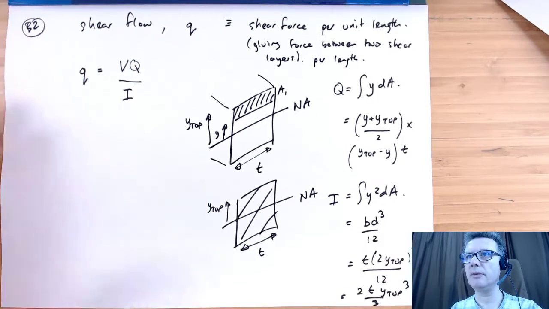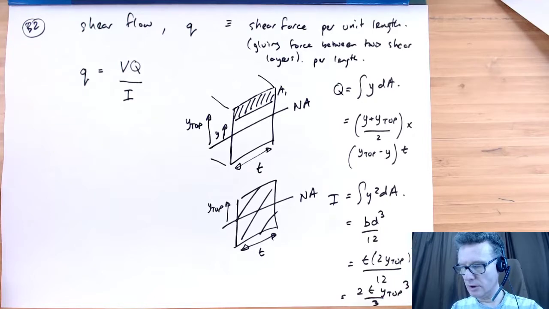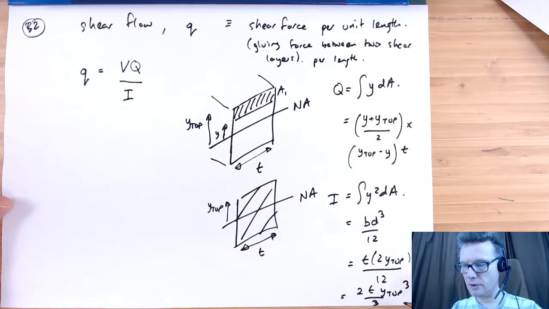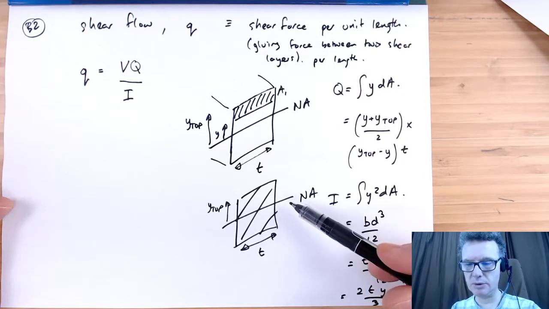Okay, can you just see that? Yeah, you can. So that's my expression for Q and my expression for I for a nice simple square beam.